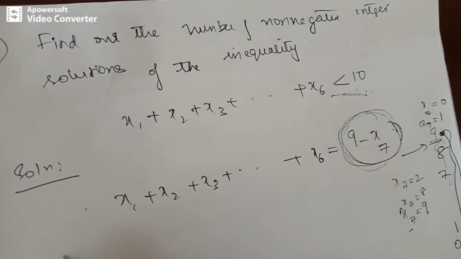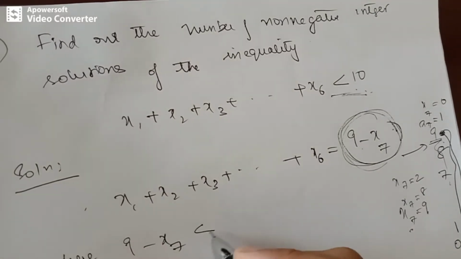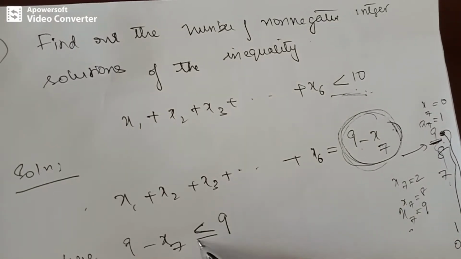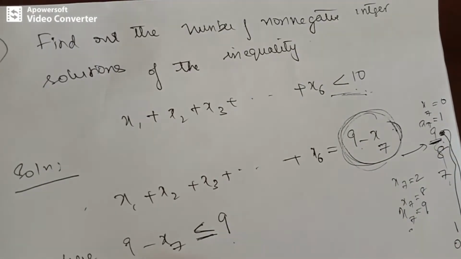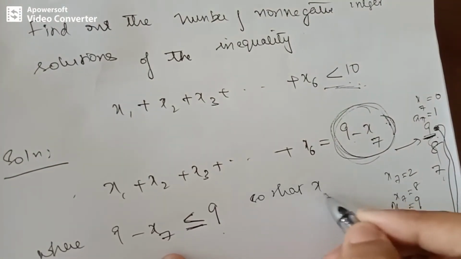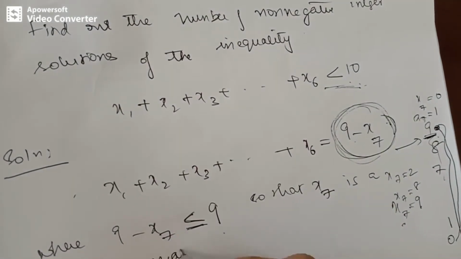Where I can write 9 minus x7 is obviously less than or equal to 9, right? We can get all the numbers up till 9 as well as equal to 9. That's why I am writing less than or equal to 9. So what is x7? x7 is a non-negative integer.